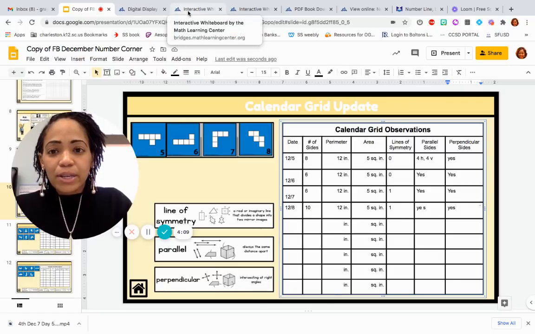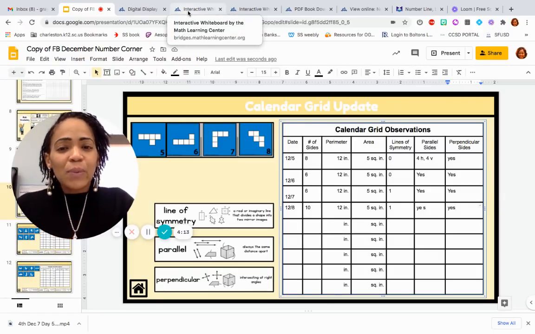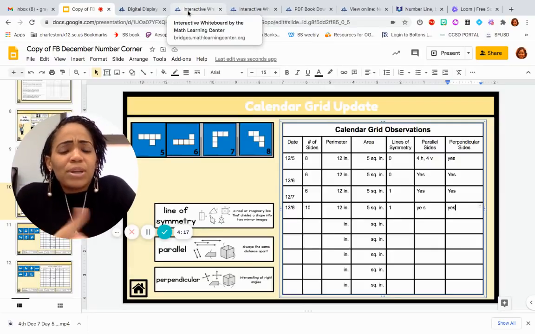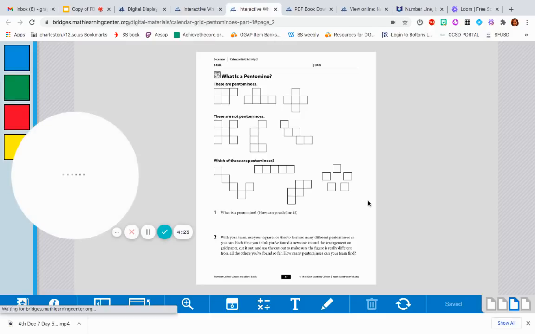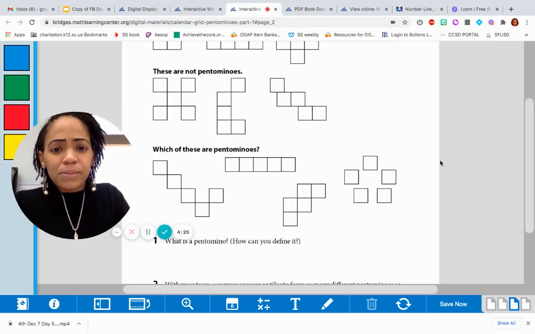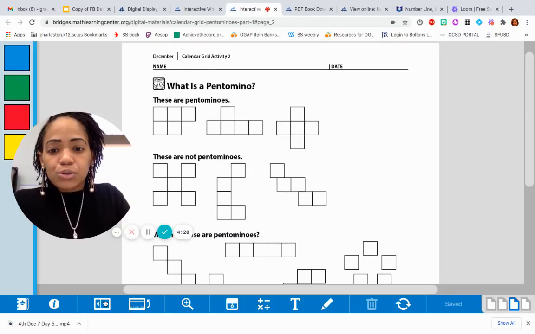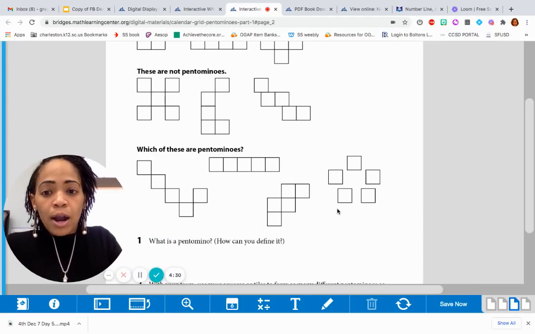So now what I want you to do is we are going to look at some of the pentominoes and we're going to have to figure out what in the world a pentomino is. Where does 5 come into play, and how else might we be able to describe them? So here's a page of some pentominoes. It shows you what pentominoes are.